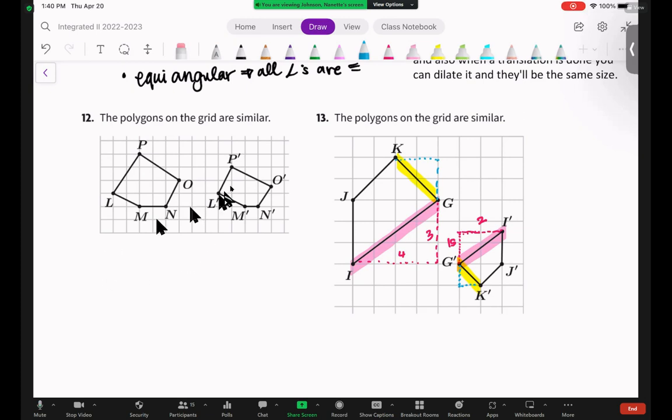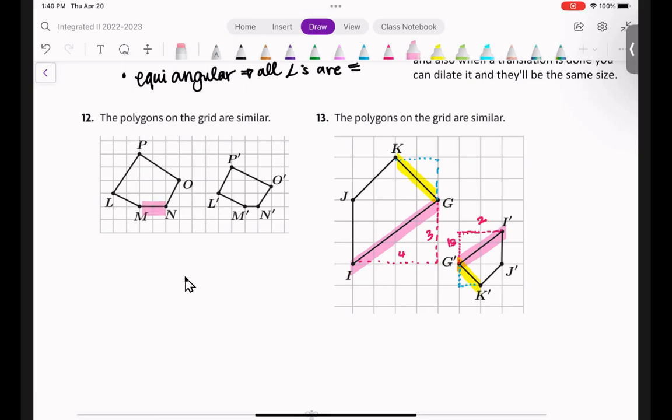Okay, very good. This one here, I'm just going to start off with MN and M prime N prime. Notice every single time we did it, we halved it. We took half of this, right? This was a 2x2, and now it's a 1x1.